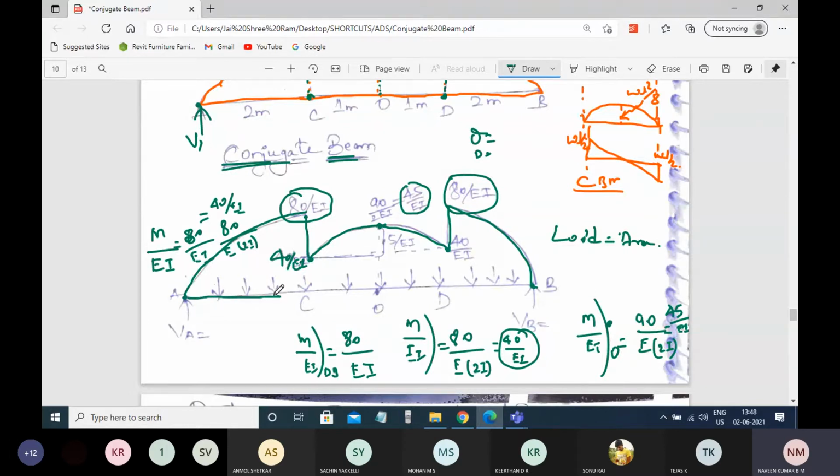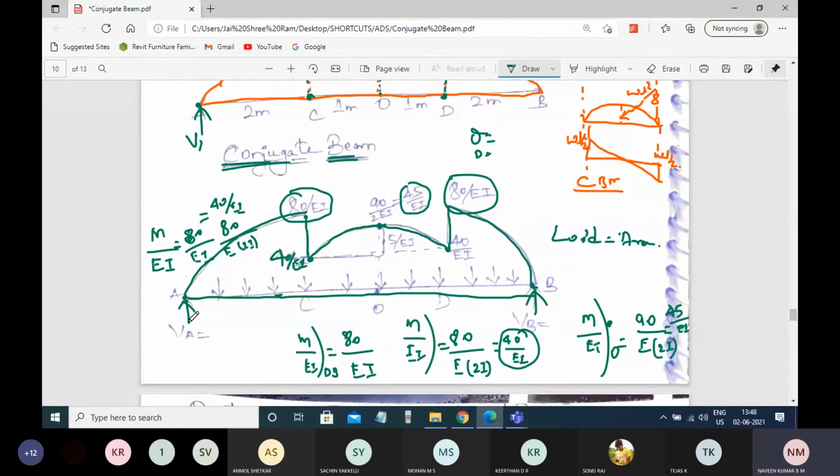In this way you can write the conjugate beam. At point A as well as at point B you have a simple support. A simple support in the real beam remains a simple support in the conjugate beam, so the same can be retained.